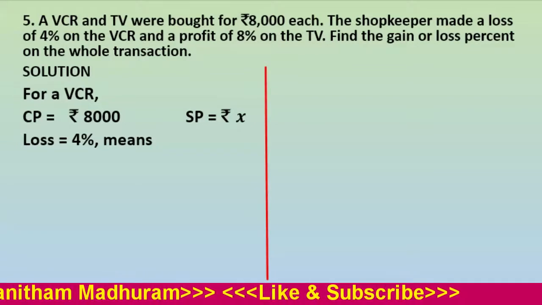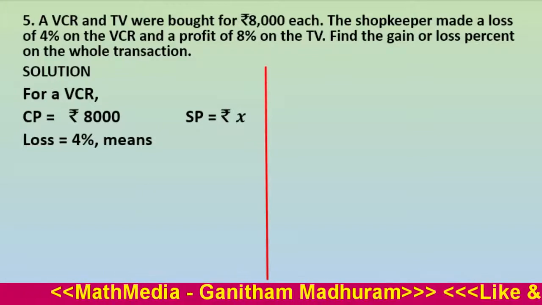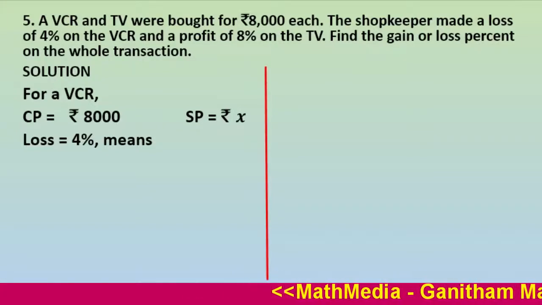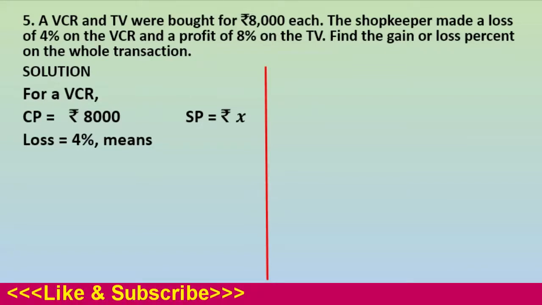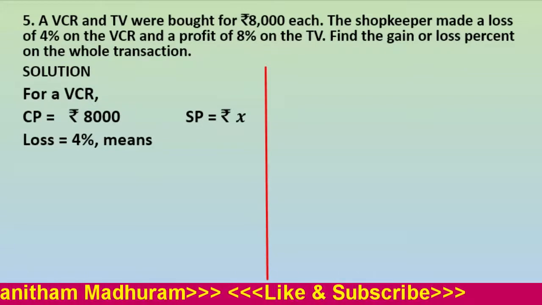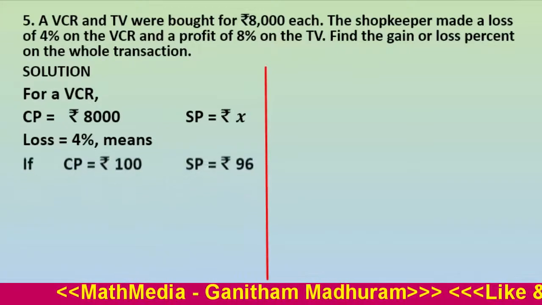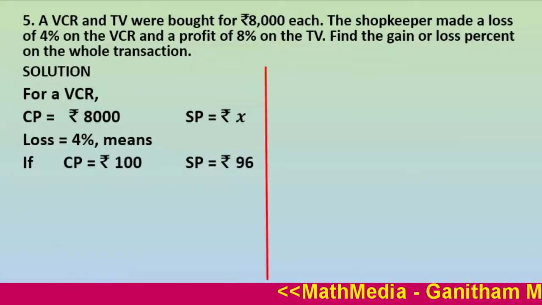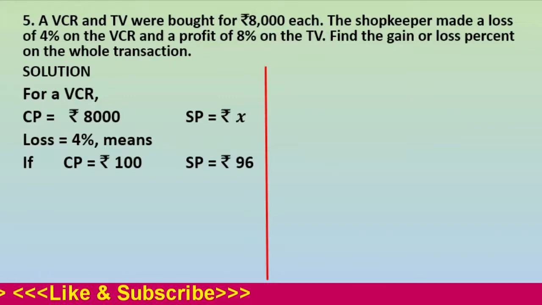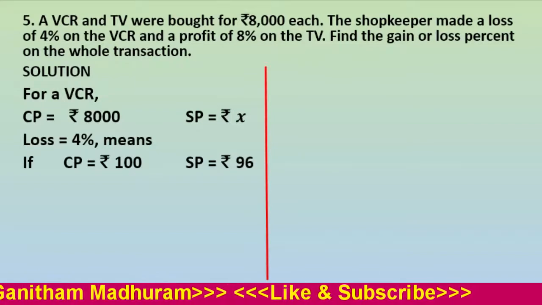Here we are discussing about loss and profit, so it is based on CP. So here we can take CP equal to 100. So if CP equal to 100, that means for every 100 rupees we have a loss of 4 rupees.